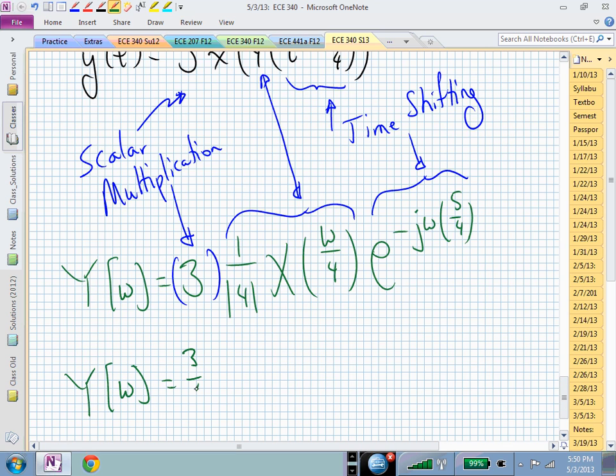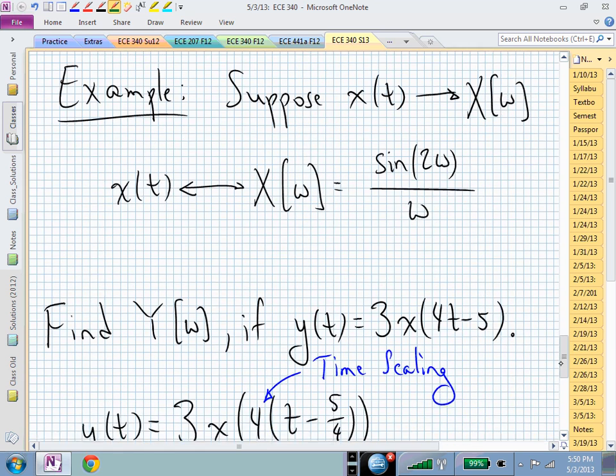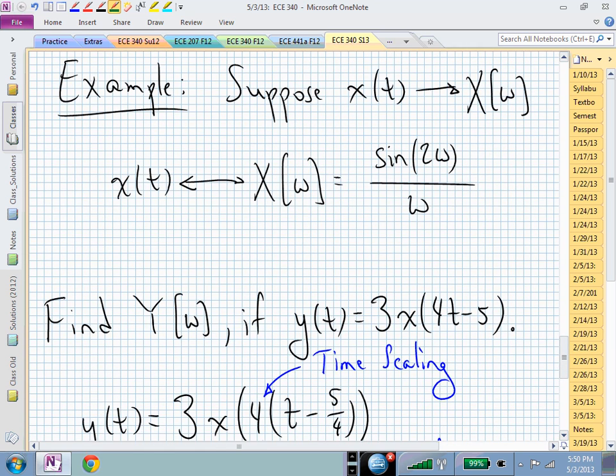Now Y of omega is going to be 3/4, and wherever we had omega in the capital X of omega, we replace all of those omegas with omega over 4.